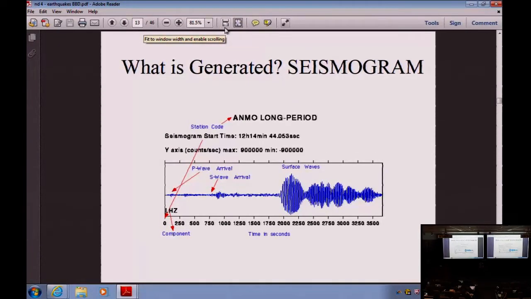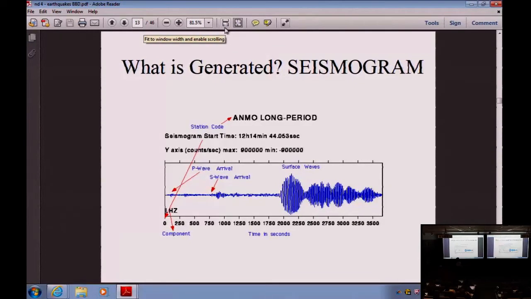So in this case, we see that the P waves arrived at about 70 seconds, and then the S waves arrived at about 750 seconds. Now, since we know exactly the speed at which these waves travel, we can tell exactly how far away the earthquake was by just figuring out the difference in time between the P and S wave arrivals.